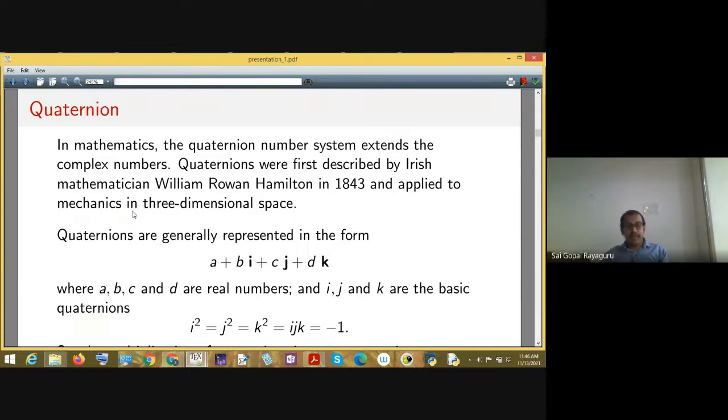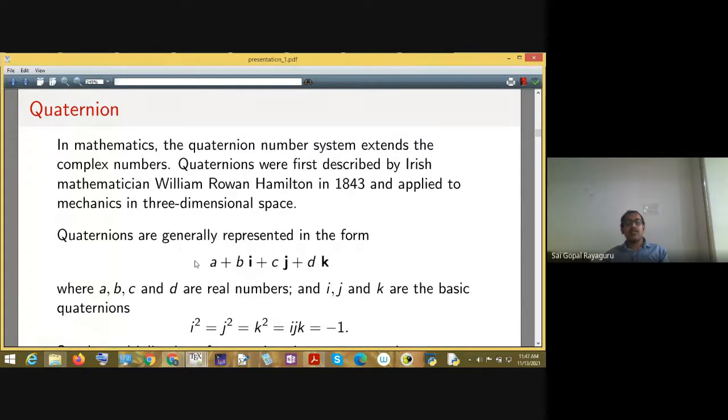Hamilton solved that problem. He was actually extending from complex numbers to a three-dimensional space, but he obtained the quaternion, which we can view as a four-dimensional space.